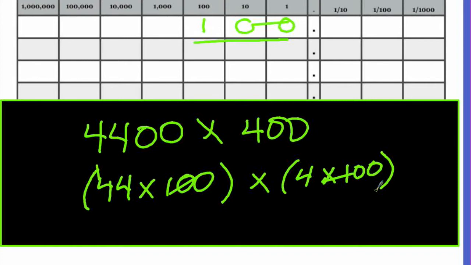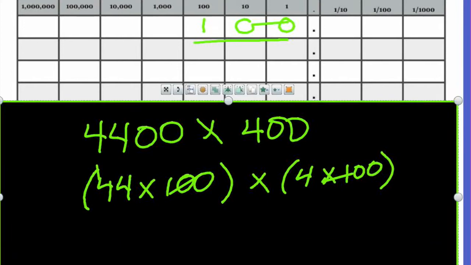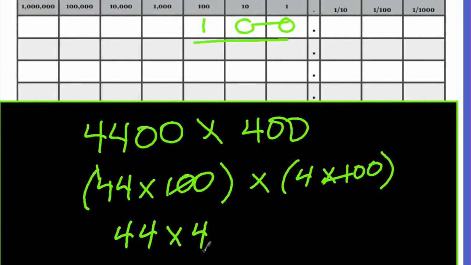Okay, remember you can do this process that they call the commutative property, which means that you can rearrange your numbers when you're multiplying, and it won't change your answer. So I could rearrange my numbers to say, what can I do to make that problem less confusing?